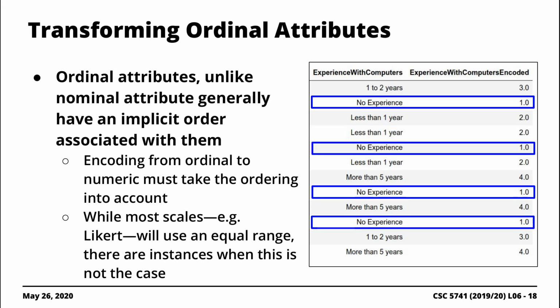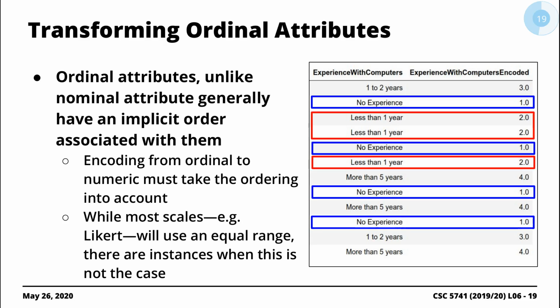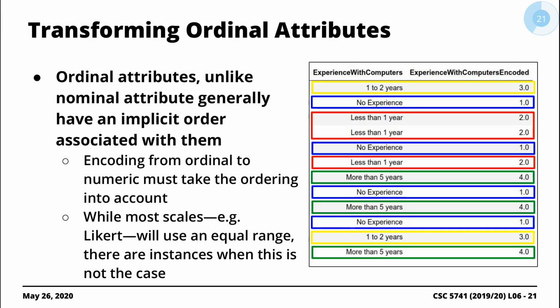These are weightings we're associating to the labels, and the weightings will signal the relative importance of the label itself, right? So no experience is associated with 1, less than 1 year is associated with 2, 1 to 2 years is associated with 3, and then more than 5 years is associated with 4.